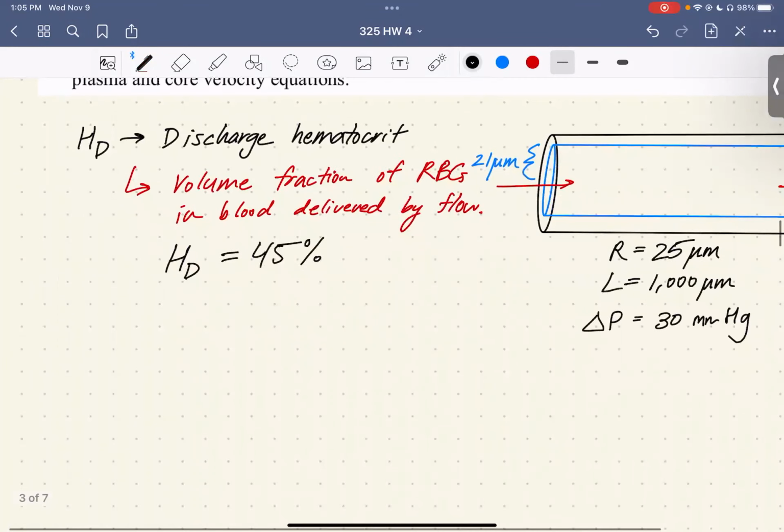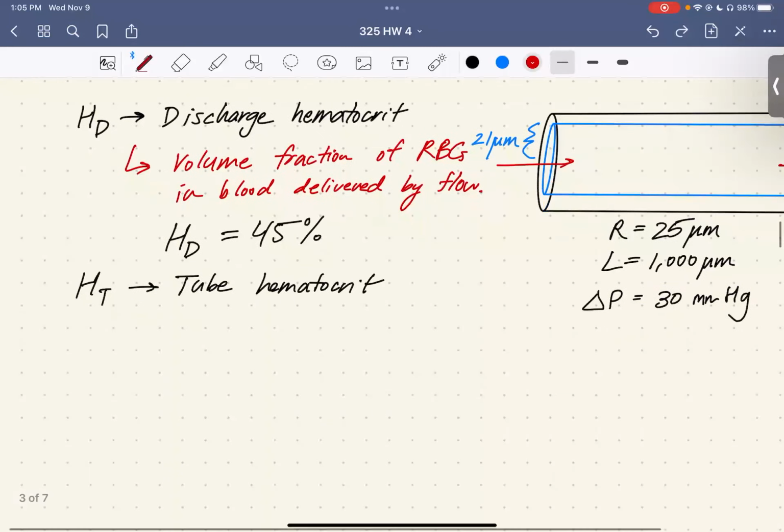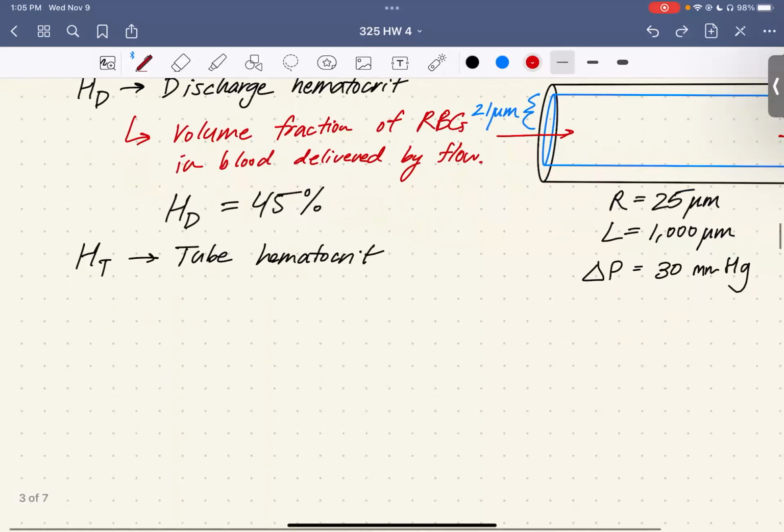Then now we have something called the tube hematocrit. And the name gives it away. It's essentially all the volume fraction of red blood cells inside the specific tube that we are looking at. So let me just write that down.